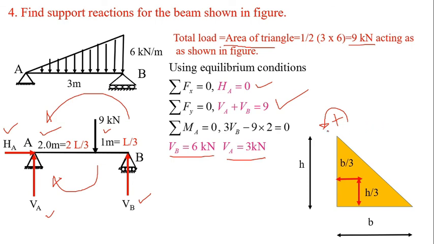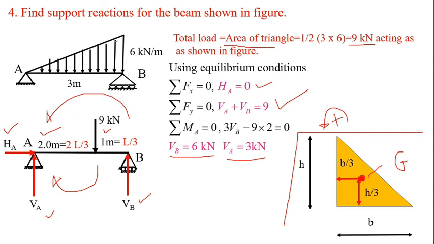Again, for better understanding, this figure is shown here. This is a triangle and this is the position of the centroid of the triangle, and the load because of the uniformly varying intensity acts at point G. This is point G, or center of gravity, and the location of this point is h by 3 from the longer side, or b by 3 from this side.